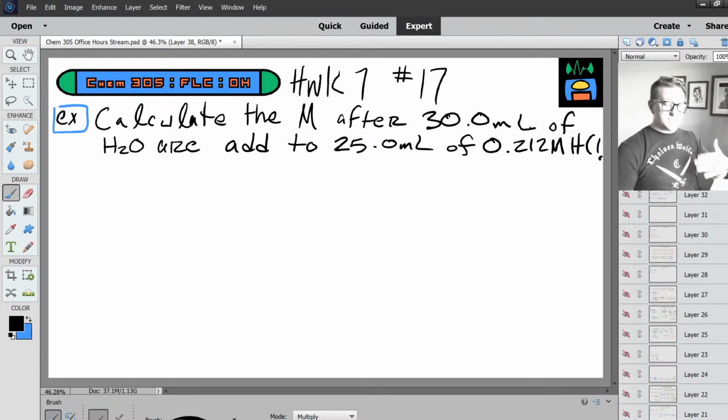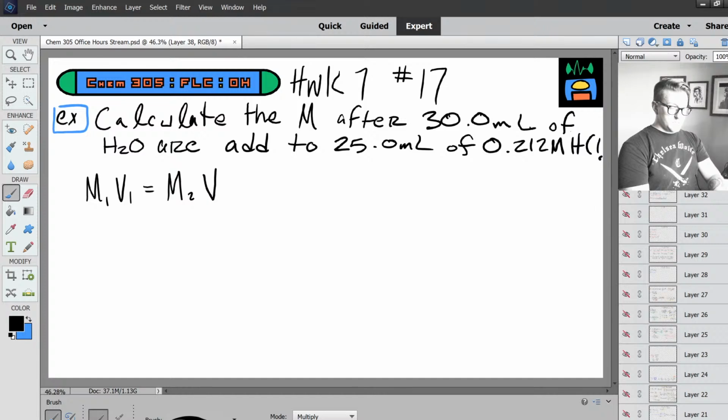All right, so here, this is a dilution problem, right? We're adding water to a solution, and the dilution equation is M1 times V1 equals M2 times V2. And you'll notice that we're given M1, right, we're told our initial concentration. We're given V1, it's right here.